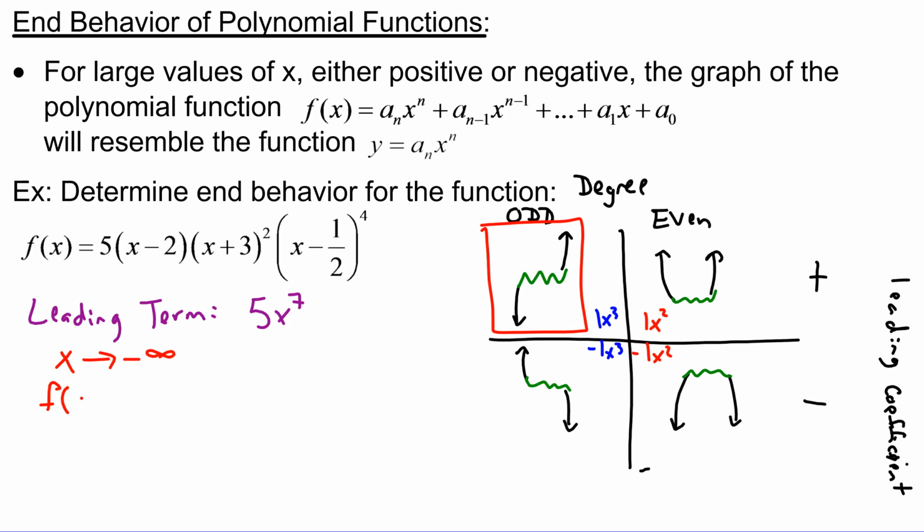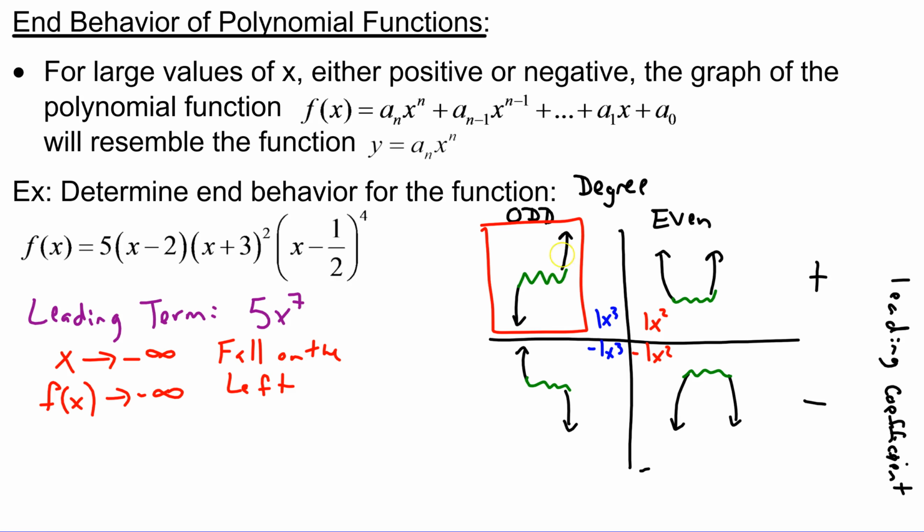Because we're dealing with functions, we don't say y, we say f of x, and we'd say it approaches negative infinity. So that would be how we would describe this behavior here on the left. That's symbolically. We can also say it in words by saying that the graph will fall on the left.